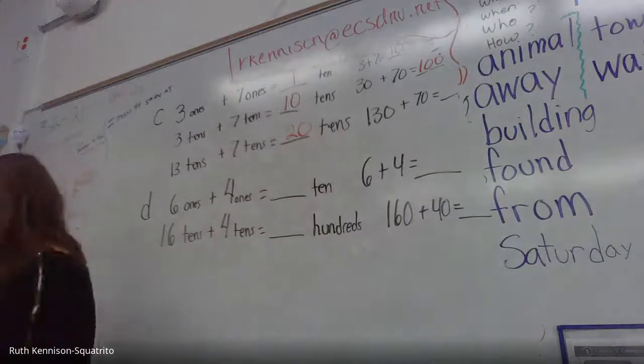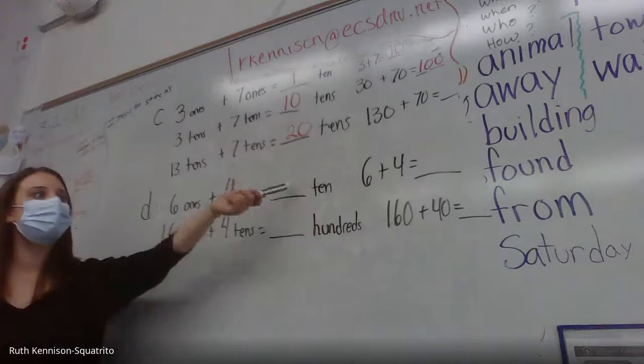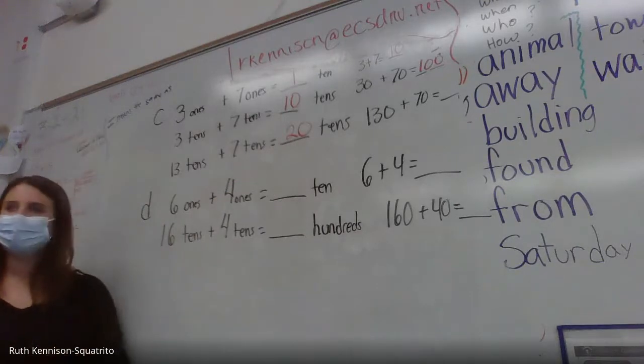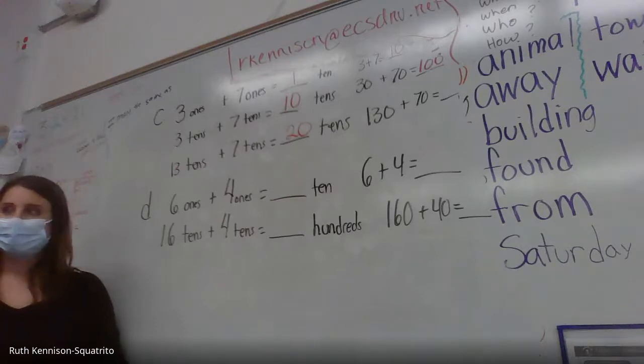Okay, so D. It says 6 ones plus 4 ones equals blank 10. We've already done 6 plus 4. Does anybody remember what 6 plus 4 equals? Luis? Valerie? 10.